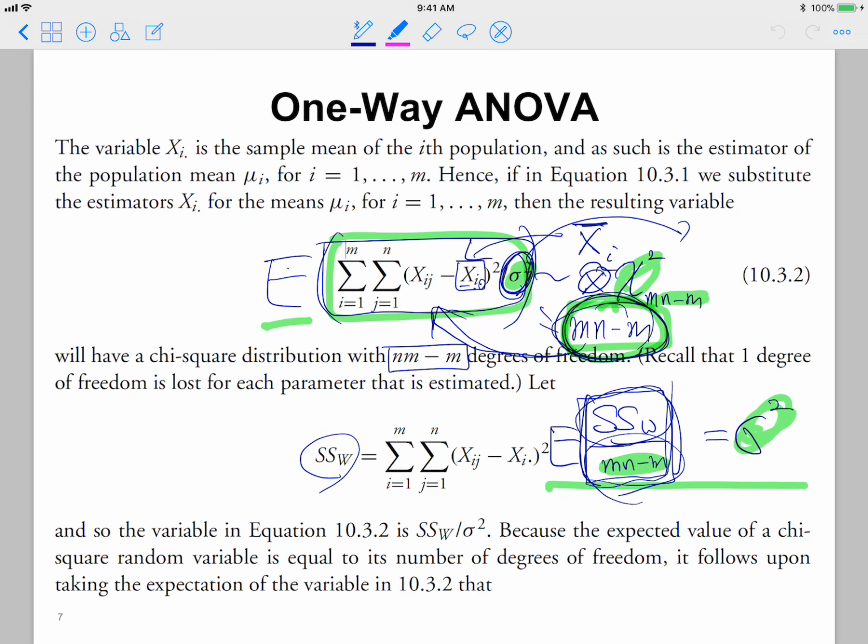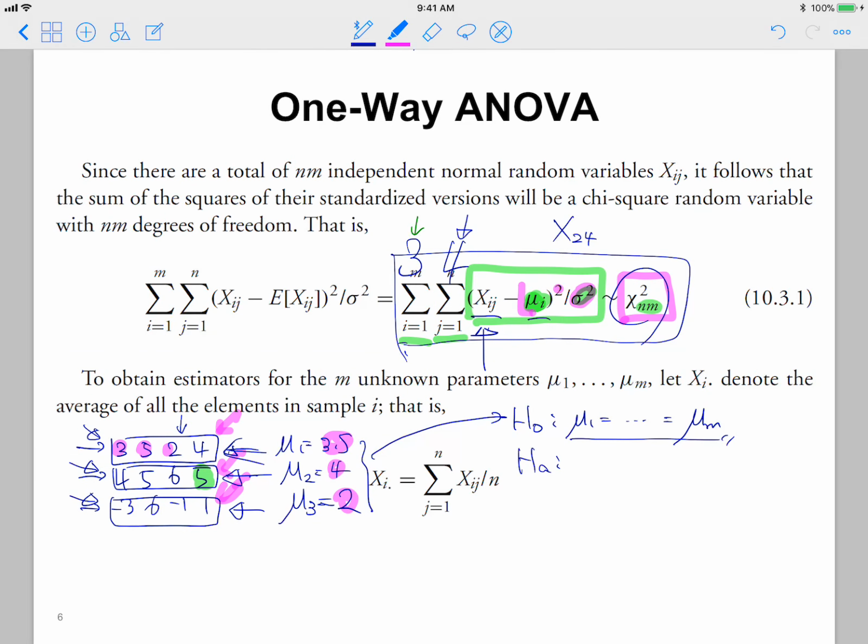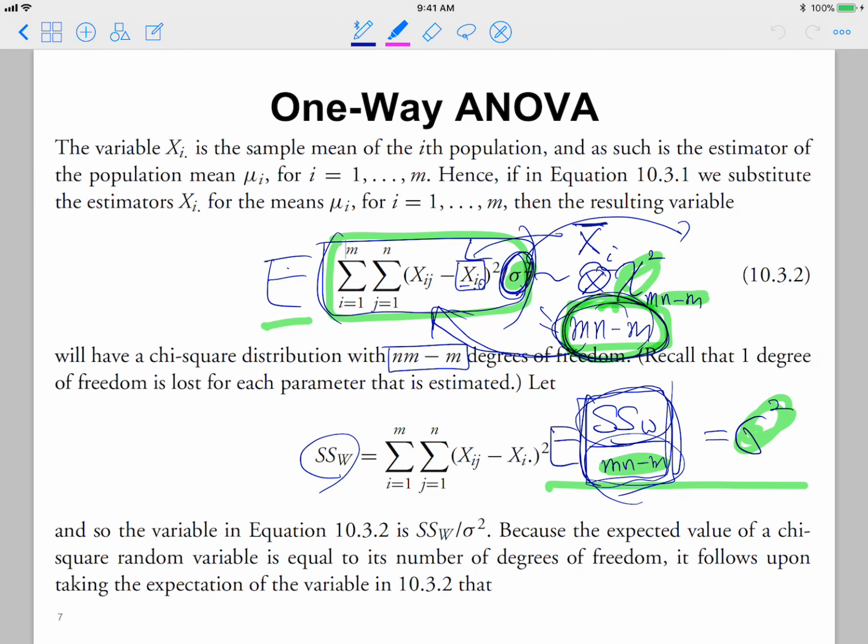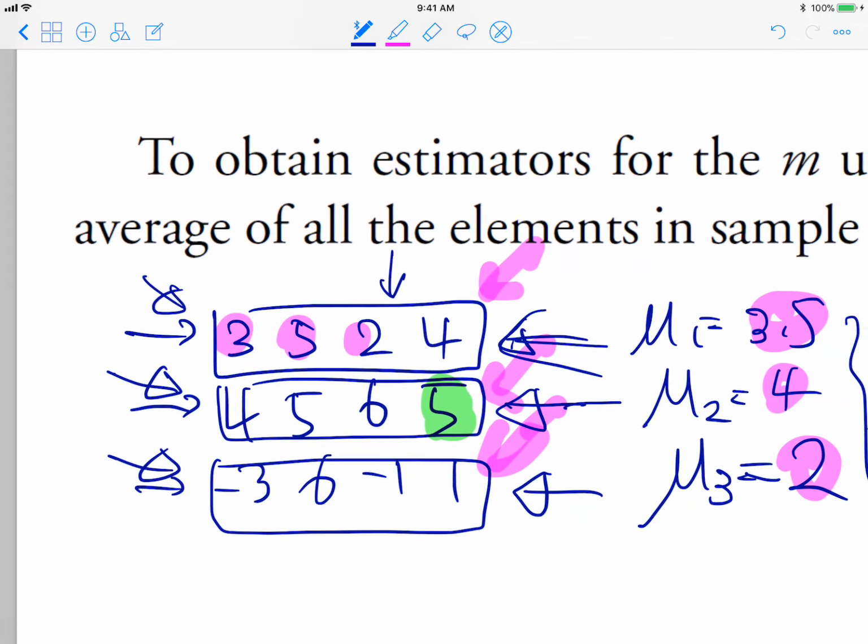Then we replace this true mean by the sample mean. Here x i dot represents the sample mean of each group.